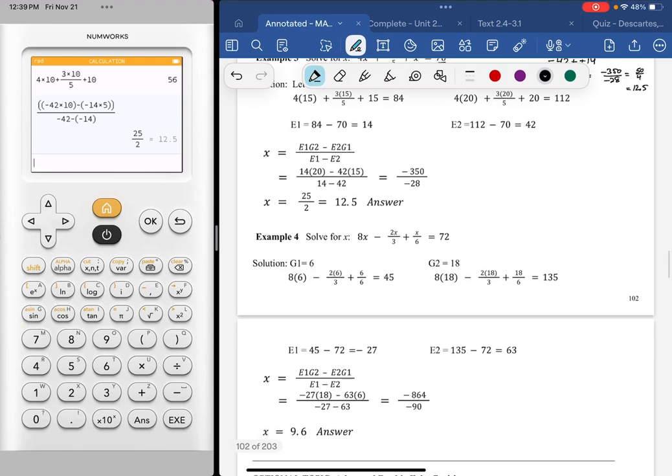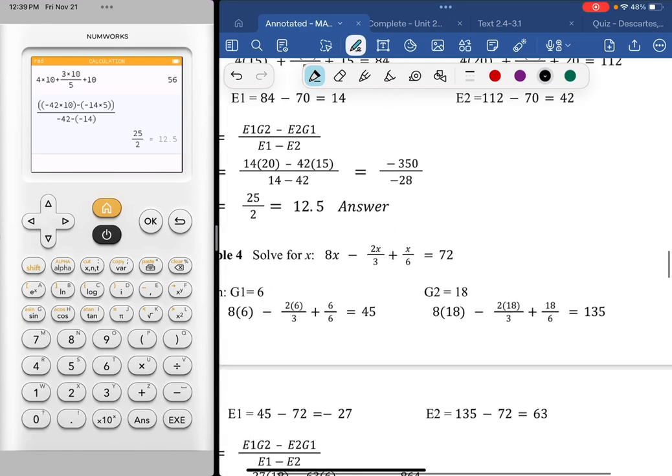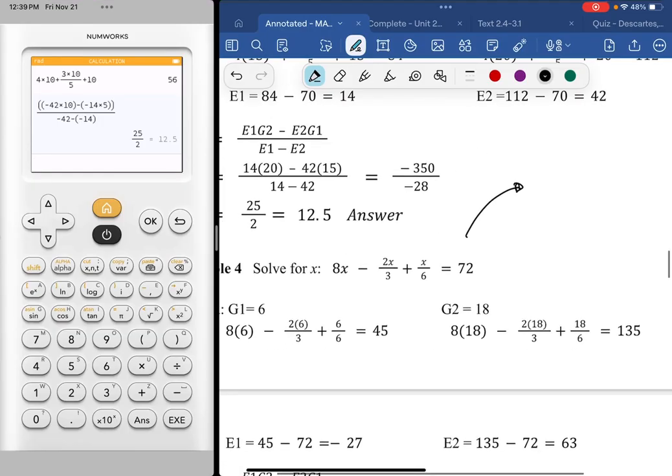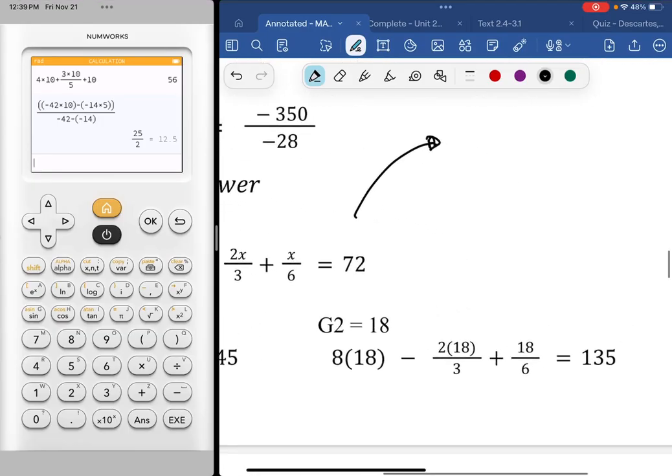All right. Same idea for the next one, except this time I need a value that is a multiple of both 6 and 3. Right? If it's a multiple of 6, it's also a multiple of 3. So my guess 1, they use 6 and 18, so I'll use 12 and 24.